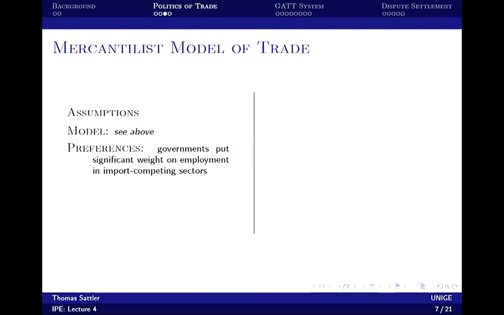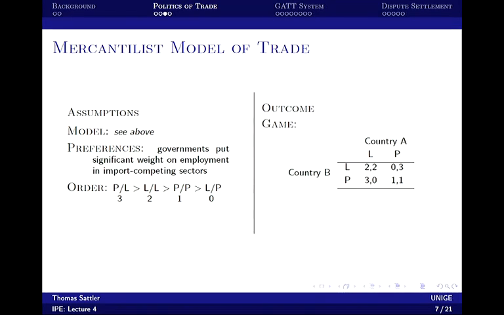We both liberalize, so which means I can still export to your country and I benefit from low consumer prices. The third best option? We both protect, and the worst option is that I liberalize, I lose the jobs, and you're protectionist, right? So now we are again going to put this into a payoff matrix, and we get this.